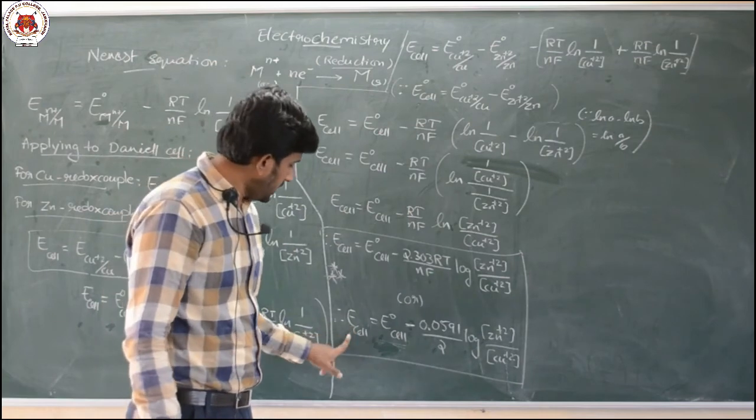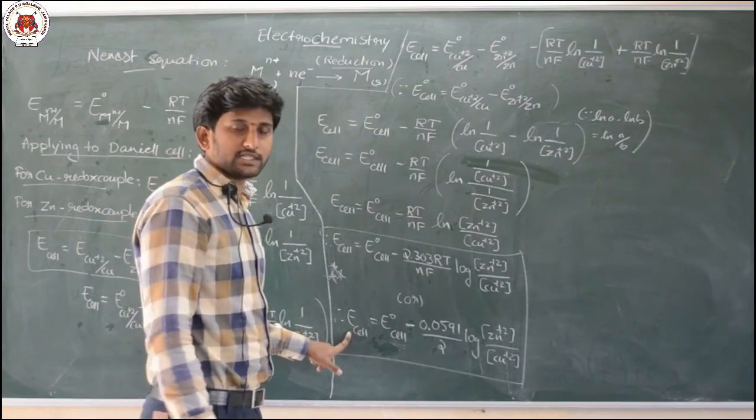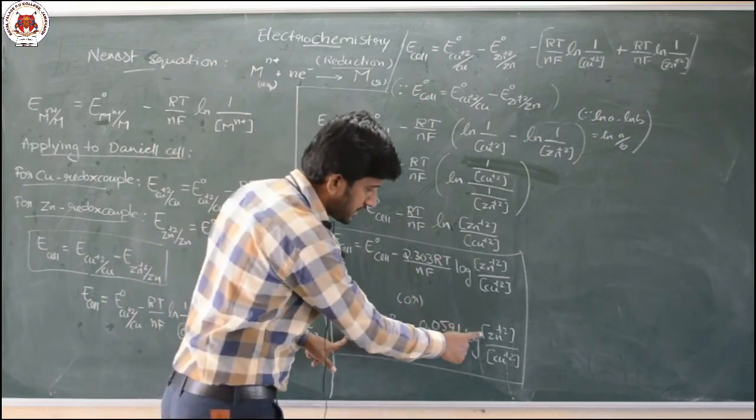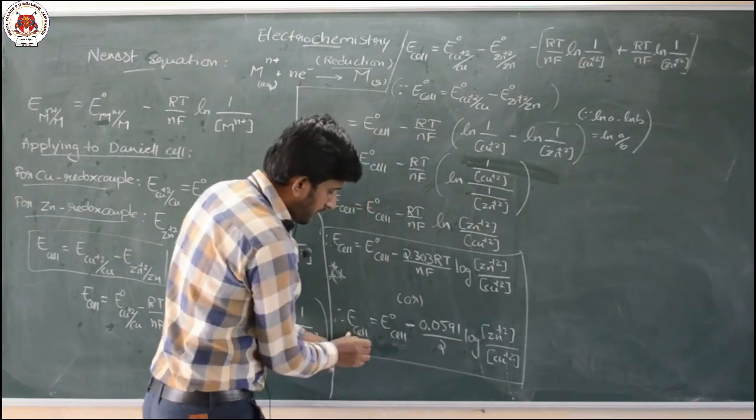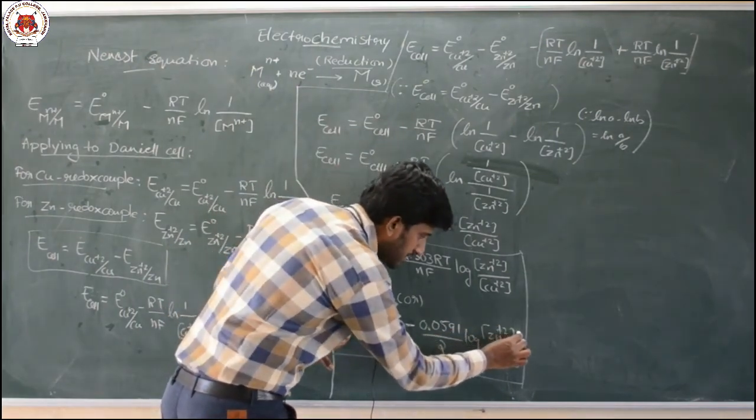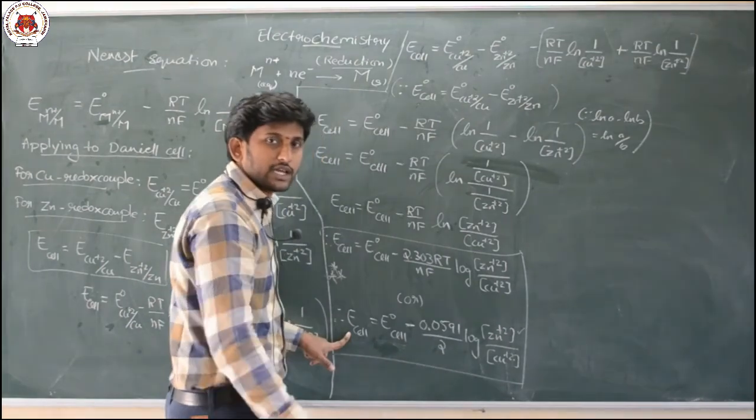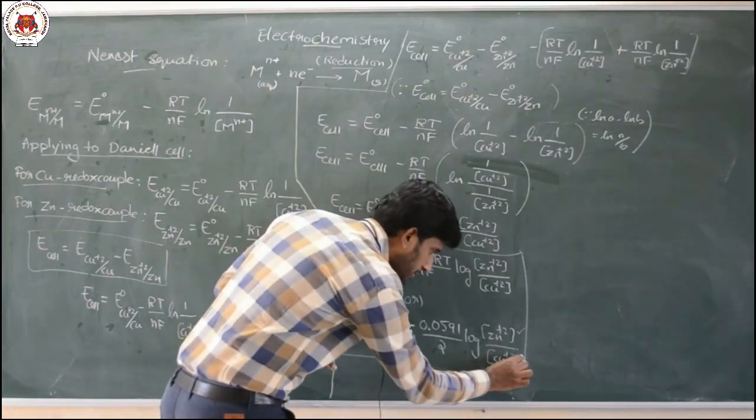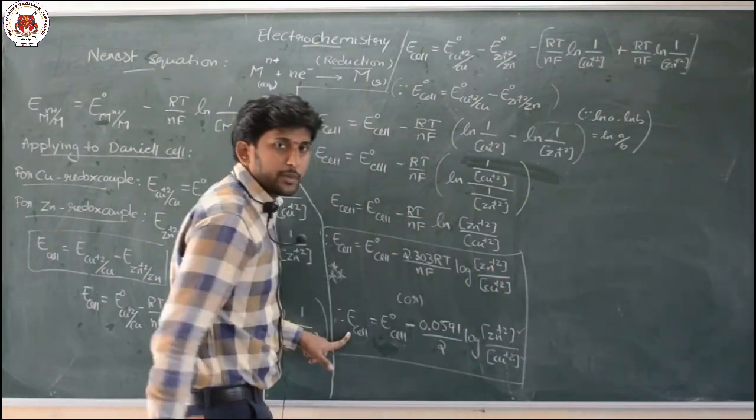So how does the EMF of the Daniell cell depend on the concentration of zinc and copper? It is inversely proportional to the concentration of zinc ions, and directly proportional to the concentration of copper ions.